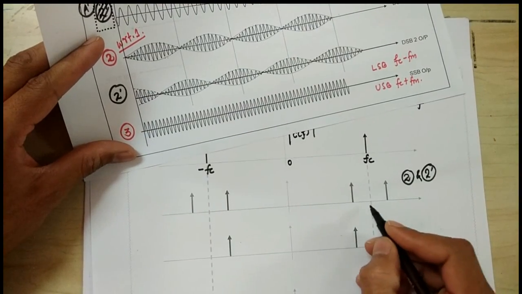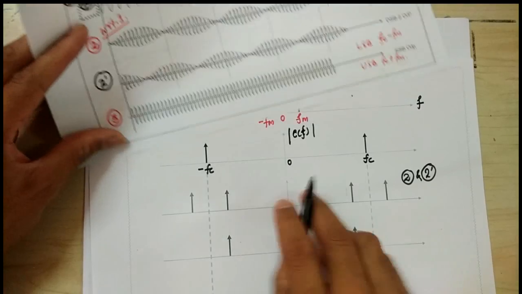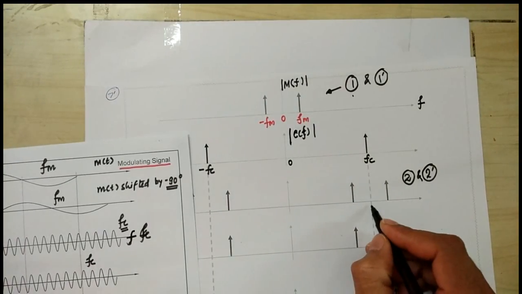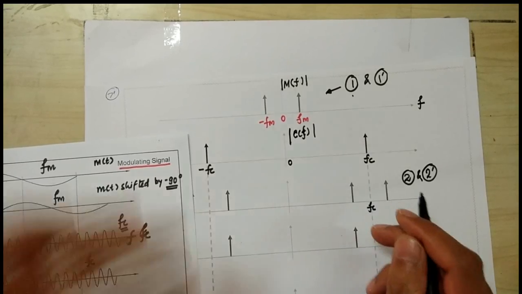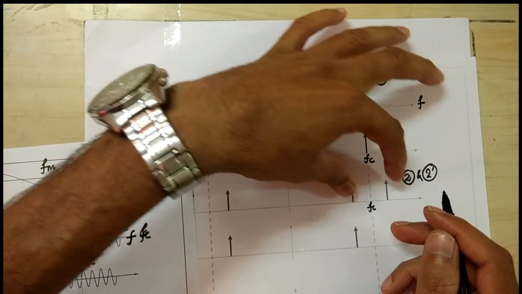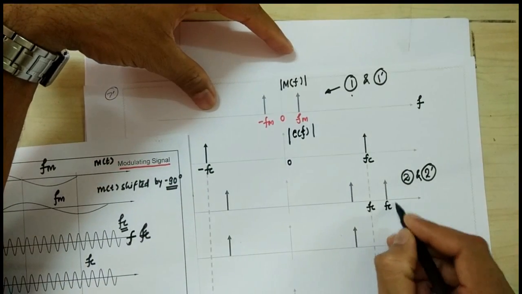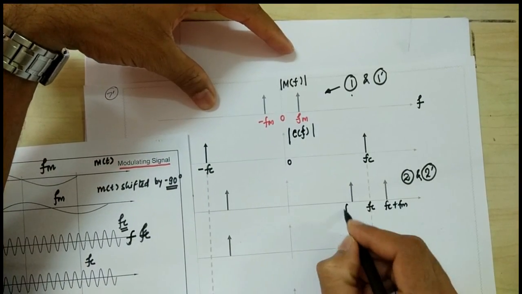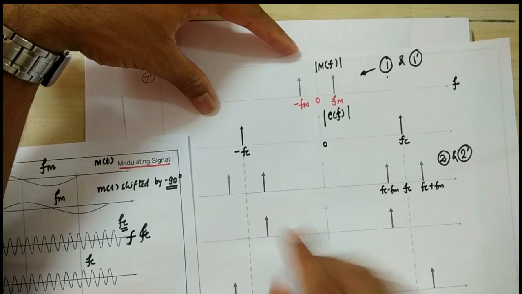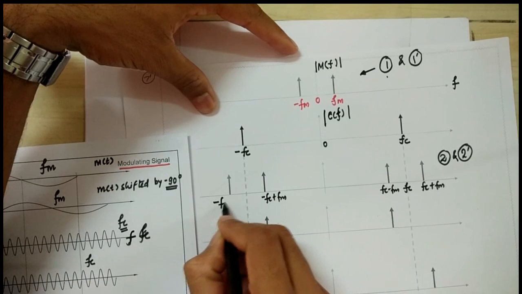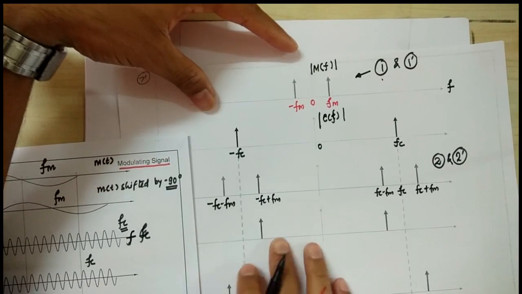So basically this is the DSB spectrum, which is a shifted version of the message, and it is shifted to Fc. So these two impulses get shifted to Fc. So this becomes Fc plus Fm. This is Fc minus Fm. This is minus Fc plus Fm. This is minus Fc minus Fm.